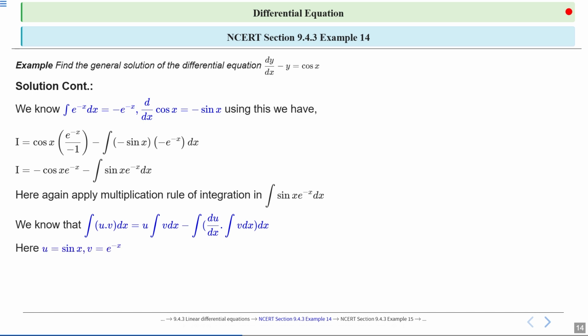So choose u is equal to sin x and v is equal to e to the power minus x according to this formula, as the integration of e to the power minus x is easier than integration of sin x. So we get I is equal to minus cos x into e to the power minus x minus sin x integration of e to the power minus x dx minus integration of differentiation of sin x by dx into integration of e to the power minus x dx into dx.